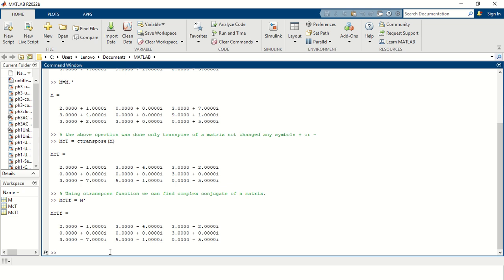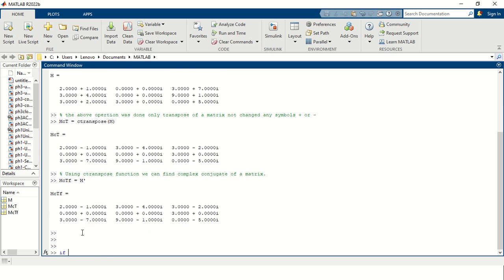So the thing is, if the matrix elements are integers, without an imaginary part, both functions, the dot-single-quotation-mark and the single-quotation-mark operators, will result the same.